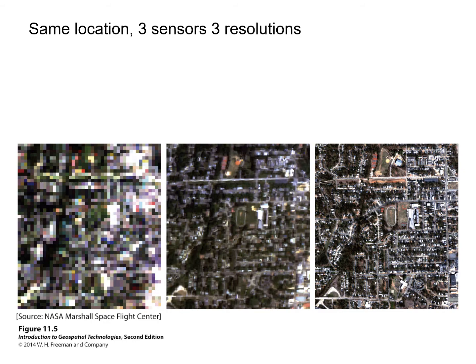So what does satellite or remote sensing imagery look like? Well, here we have the same location at 3 different resolutions from 3 different sensors. As sensors have more and more coarse resolution, it's harder and harder to make out specific details.